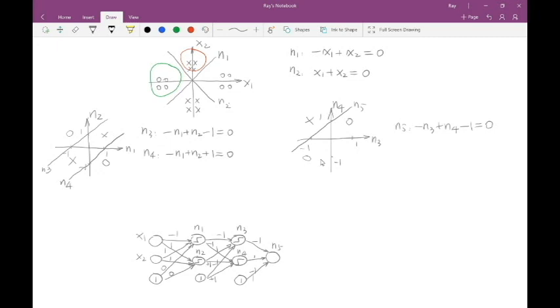For all points below line N5, the network outputs -1. So -1 stands for the circle class. Our network building is completed. Any new data points of the same class close enough to the training data will be classified correctly.